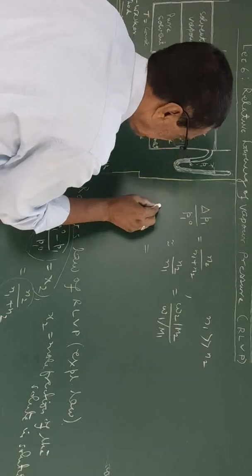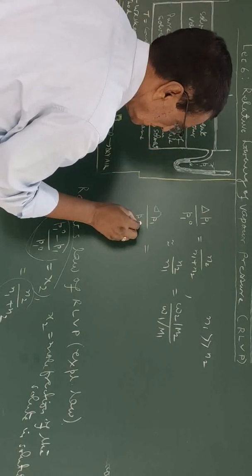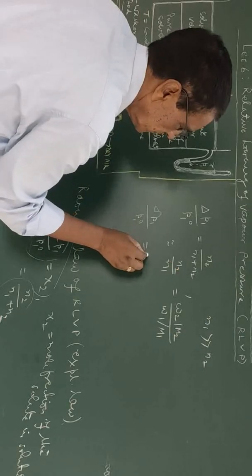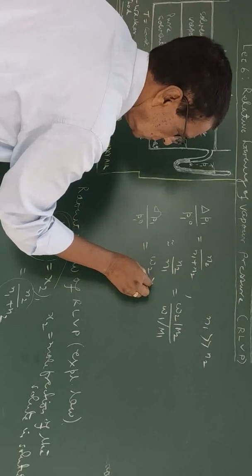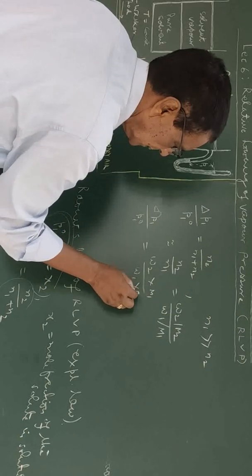Or delta P divided by P1 naught is equal to W2 into M1 divided by W1 into M2.